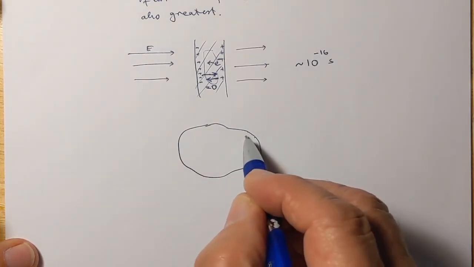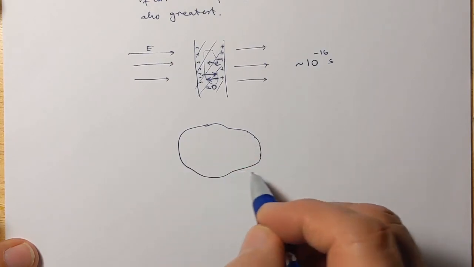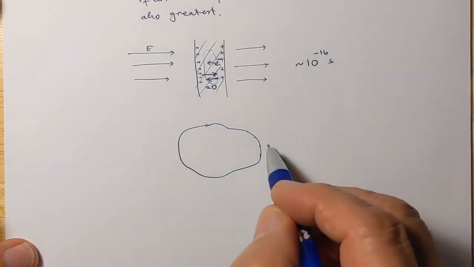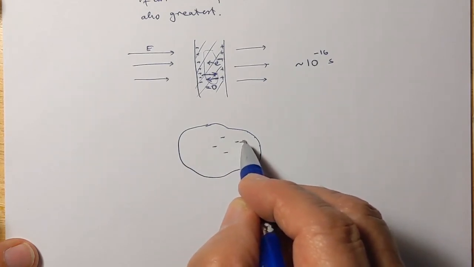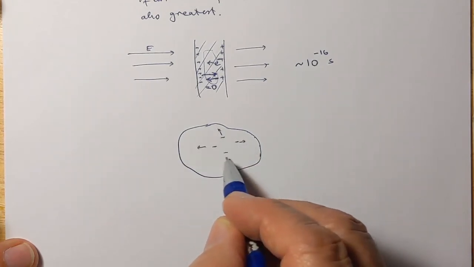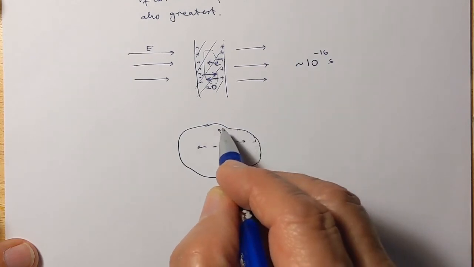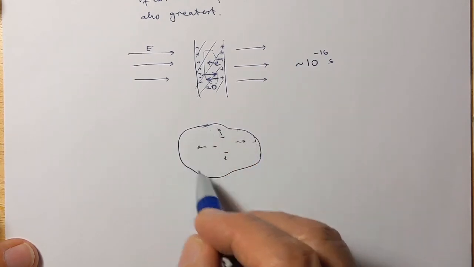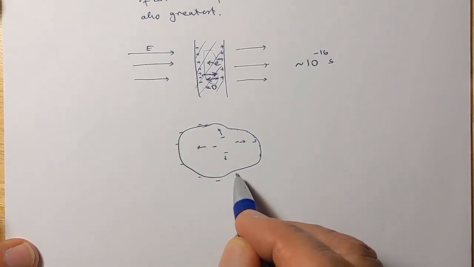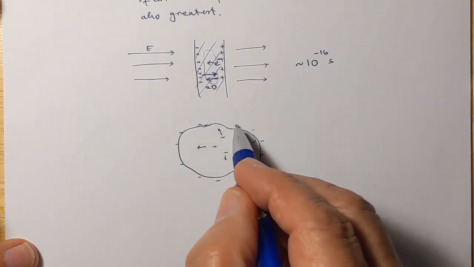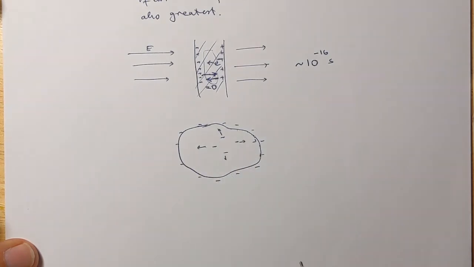The extra electrons make the whole thing negative, but they push each other apart and collect as far away from each other as possible, which means the charge will collect on the surface and there will be no charge left inside.